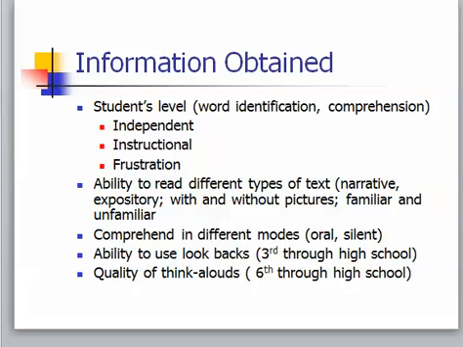With the QRI-5, we're able to administer oral or silent. I only administer silent to those students who are reading silently within their regular classroom. Then if I am working with a student who is reading silently in their classroom, I also always include an oral so I can determine their miscues and do a miscue analysis.